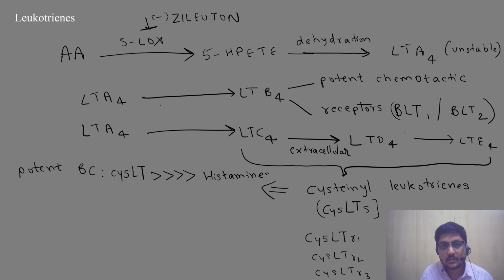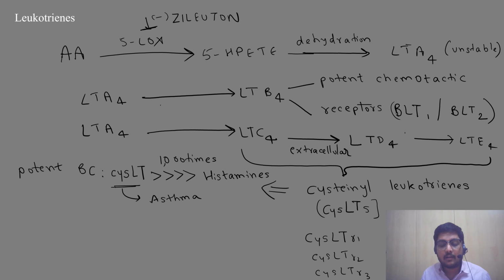How much more powerful? Almost 1000 times more potent than histamine. So it is very dangerous in asthma patients. That's why for asthma patients we target ligands which act as antagonists for these.